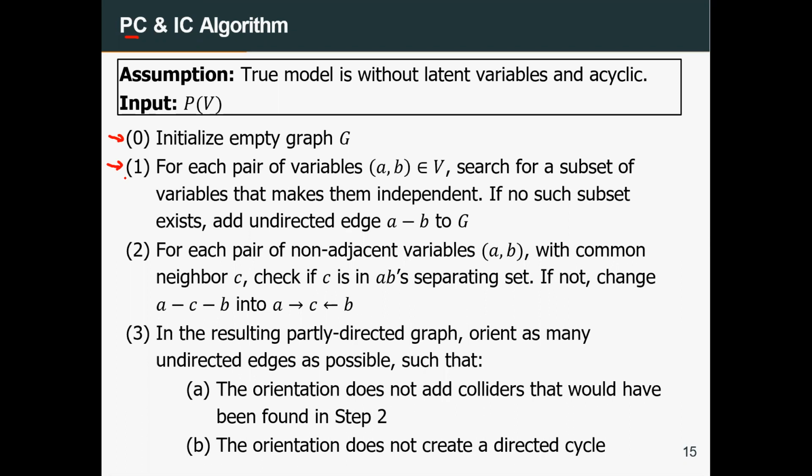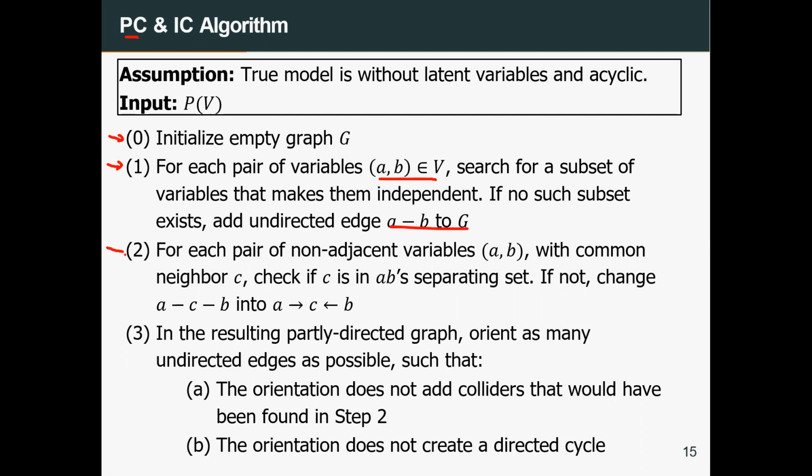The IC algorithm here starts from the empty graph and then starts adding in edges until we get to the graph where only the edges that we care about are there in G. So for every single pair A, B in V, we're going to try to find some subset of variables that will separate the two. And if we can't find any such subset, then we're just going to add that edge to the graph G. So that's the first step.